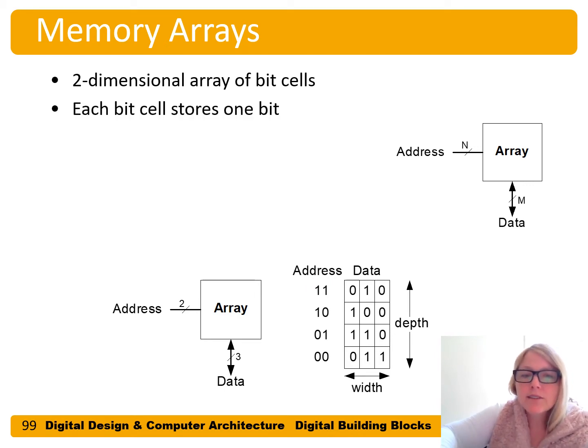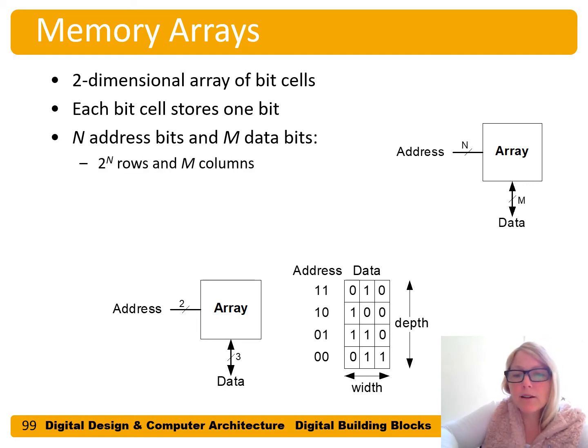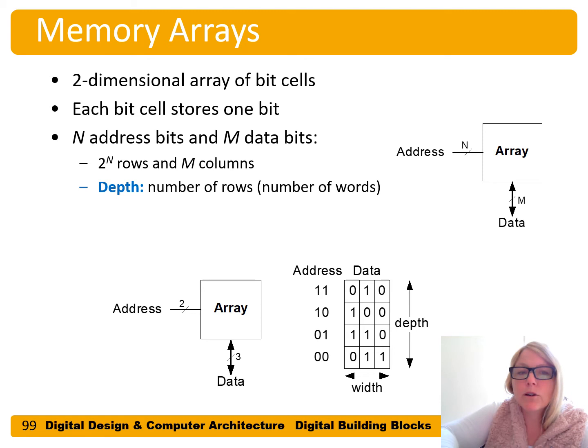Each of these bit cells, we'll dive into what those are, but this is an abstract view of them right now. A bit cell stores a single bit. And again, we have n address bits and m data bits. We can also refer to this as 2 to the n rows and m columns. The number of rows is the depth, or the number of words that we can hold in our memory array.